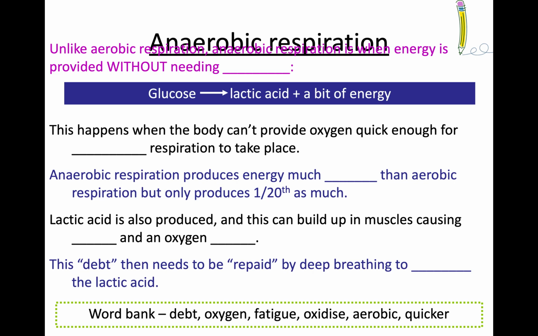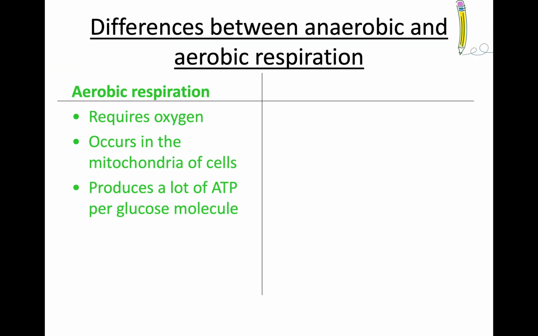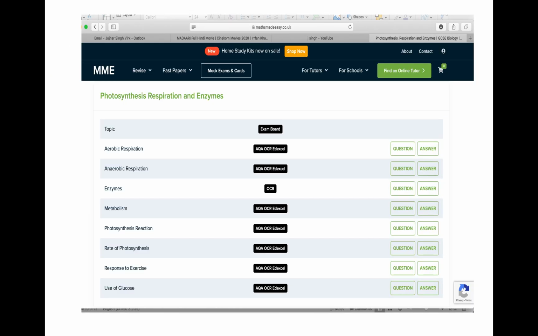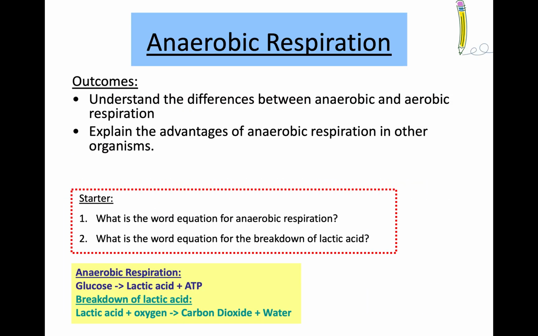The three key features are: it doesn't need oxygen, it's quicker than aerobic respiration, and it produces lactic acid, which can cause fatigue and oxygen debt. I want you to have a go at these questions, and then hopefully you will have covered everything in this part.